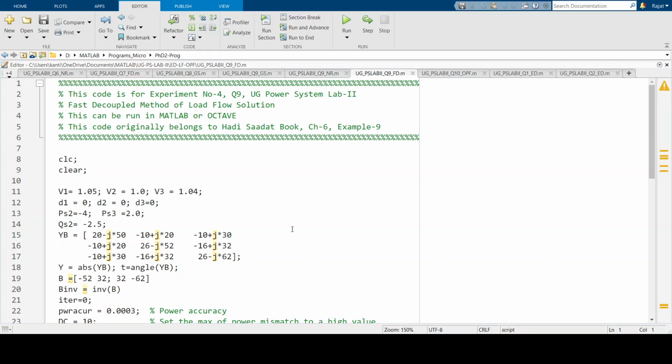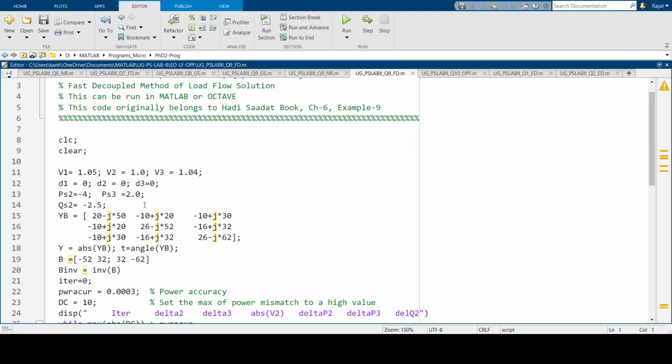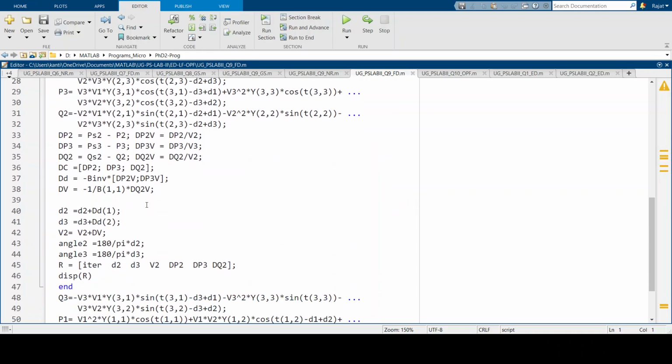I'll just run this, we'll clear it. So now we are going to run this code. This problem belongs to the Haadi Saadat book. So this is the code.